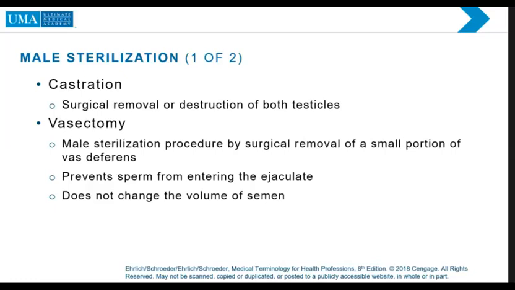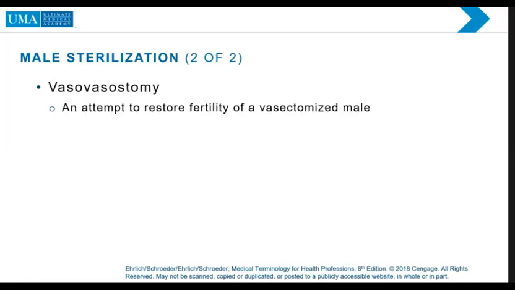This is done to prevent sperm from entering the ejaculate and does not change the volume of semen. Vasovasostomy is an attempt to restore fertility of a vasectomized male.